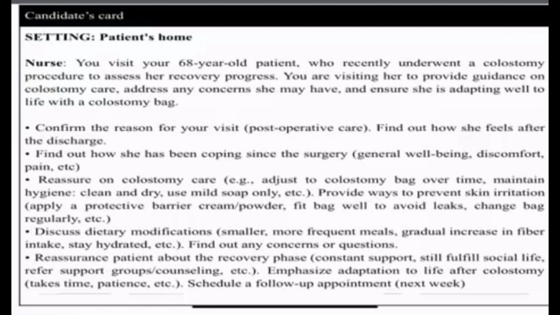Okay, and after that we can also ask the patient whether she has any concern. So we can say, and do you have any other concern? Because here the second point is find out any concern or questions. So we can ask, and do you have any other questions or concerns? Sometimes the patient will say that there is no concern, but there is another task to explain.